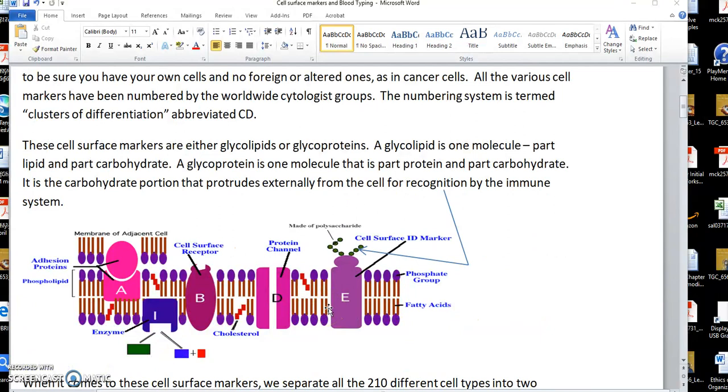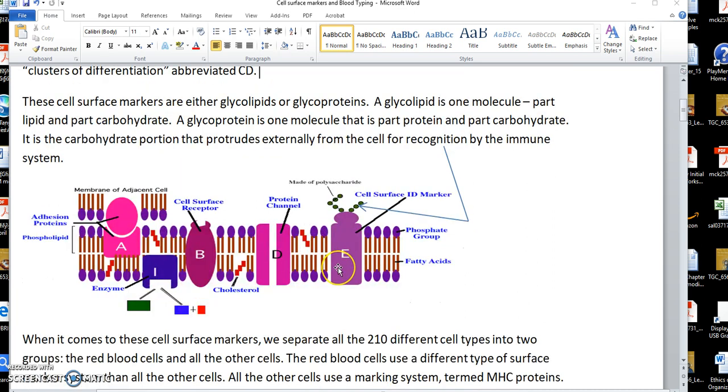As you can see in this picture, right here would be a protein, a glycoprotein. Right there would be a cell surface marker, and that would be the carbohydrates. Each of these circles are monosaccharides covalently bonded to make this, which we'll call an oligosaccharide.